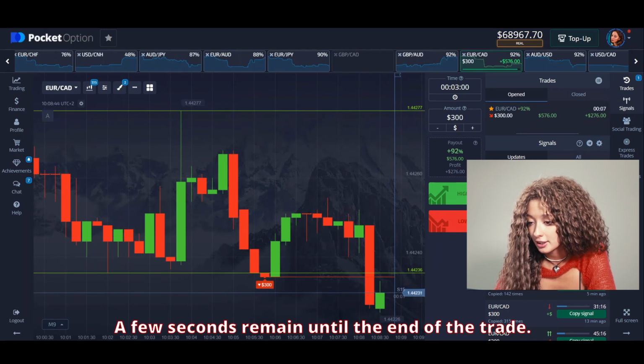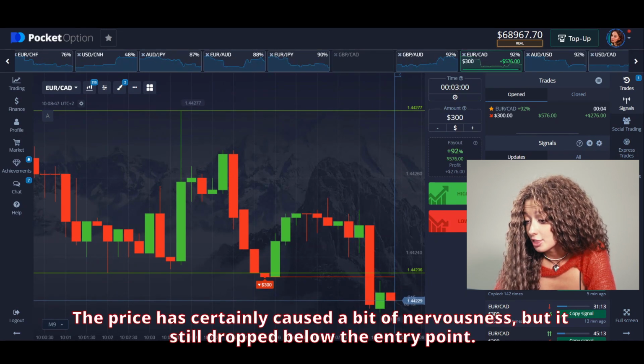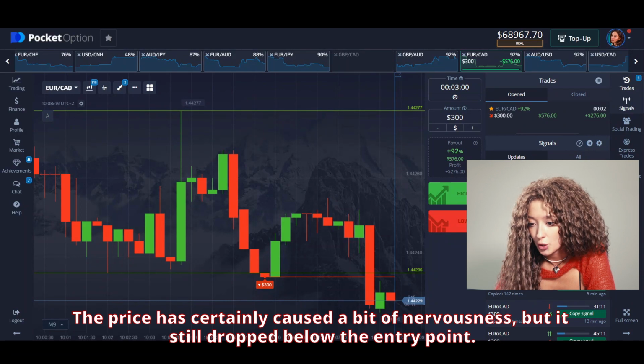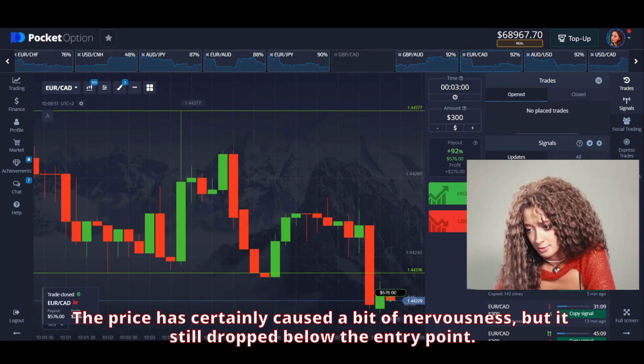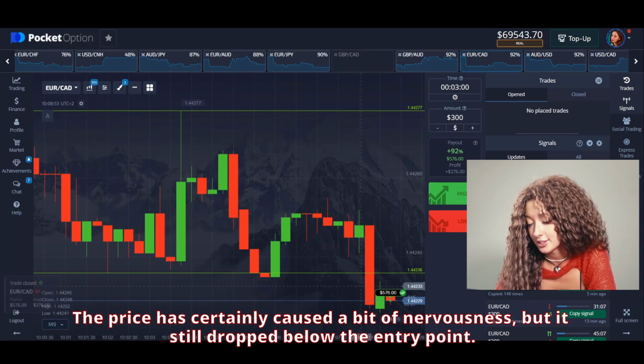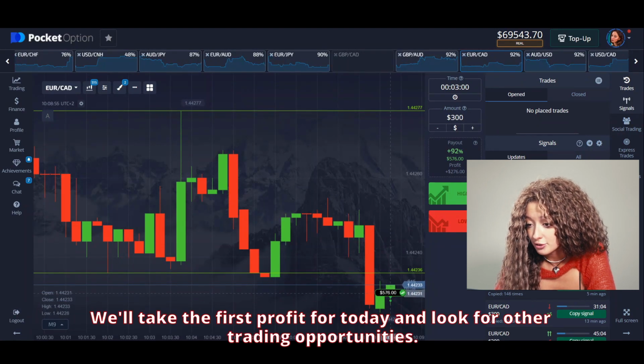A few seconds remain until the end of the trade. The price has certainly caused a bit of nervousness, but it still dropped below the entry point. We will take the first profits for today and look to other trading opportunities.